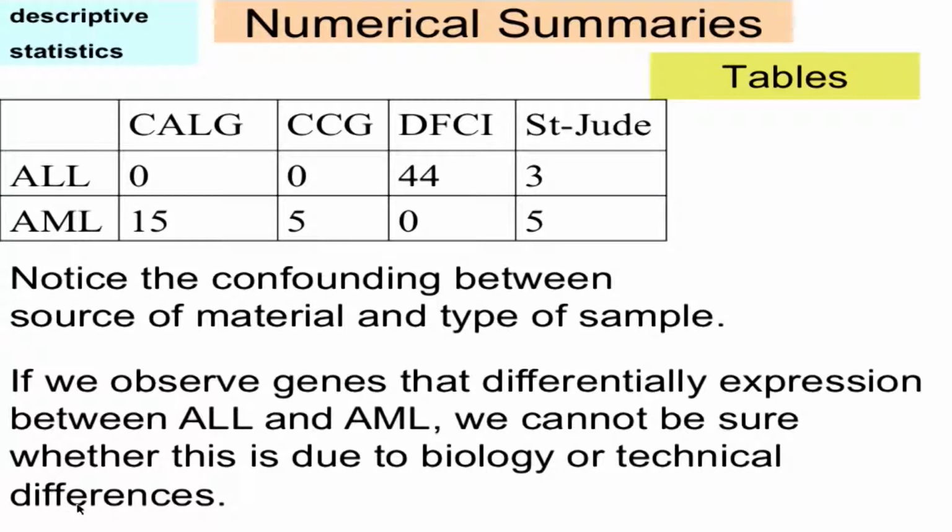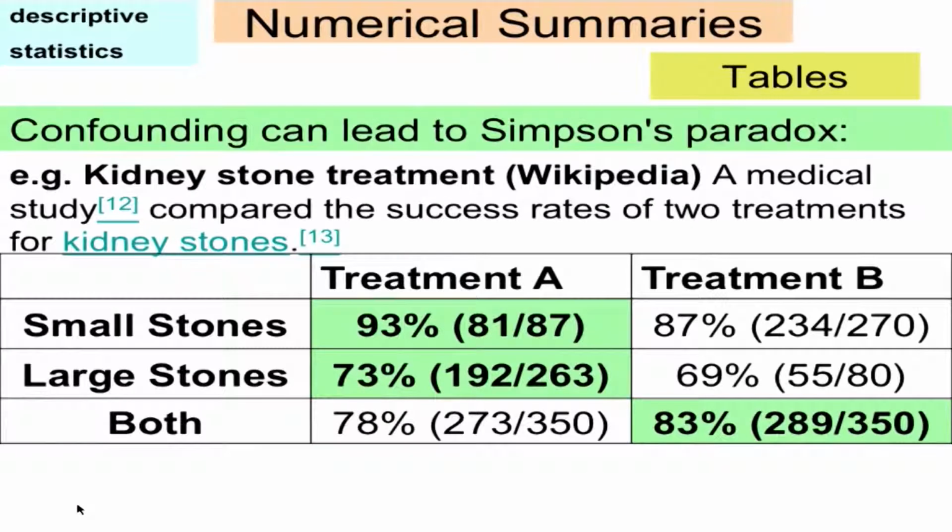Whether this was a design problem or it just happened during the course of the study that these were the patients that came through, I don't know. But we're going to have some problems. And these kinds of problems should show up immediately once you tabulate data. This kind of confounding can lead to something called Simpson's paradox. I pulled this right off Wikipedia for the example of Simpson's paradox. What you notice is this.